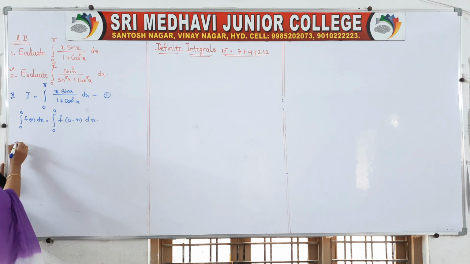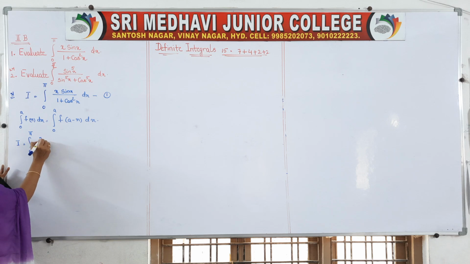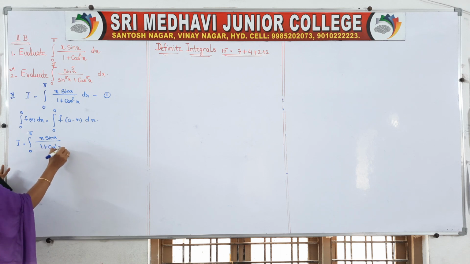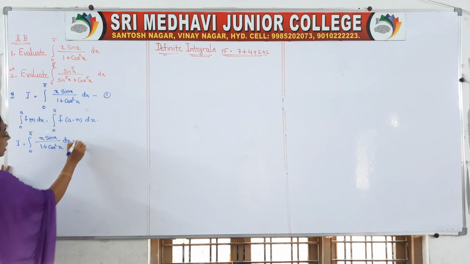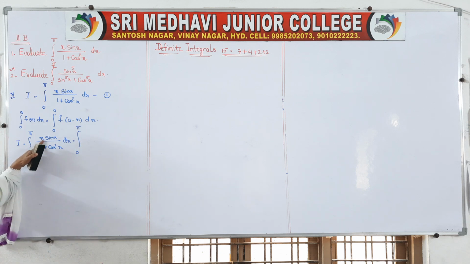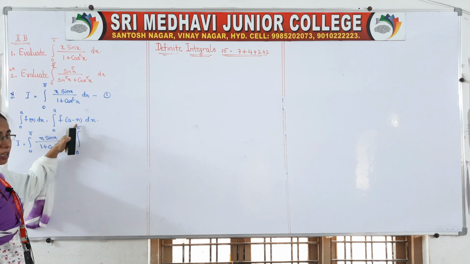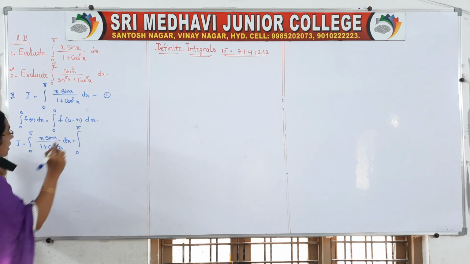So we can write this I as integral 0 to pi, and wherever x is there, we have to take a minus x, here pi minus x.